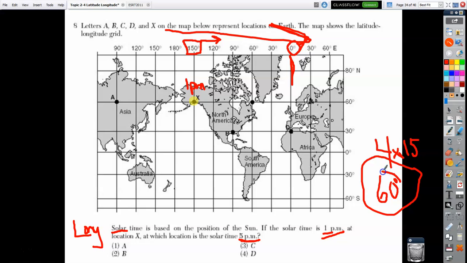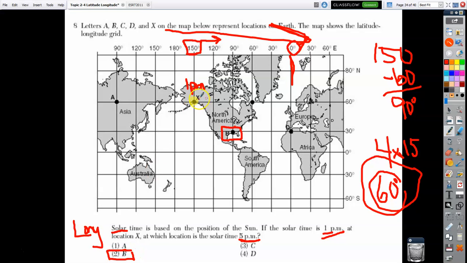You want to subtract this 60 from this 150 because you see how your numbers are decreasing. So what's 150 minus 60? And again, you have a calculator if you need it, but that ends up being 90 degrees. Then I go over to 90 and I look down the 90 line and I'm looking for a location. There it is, letter B, which is my answer.